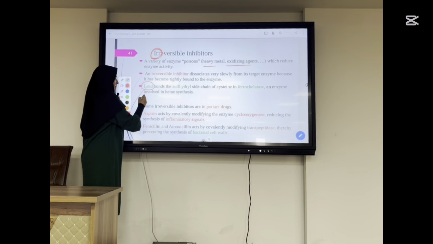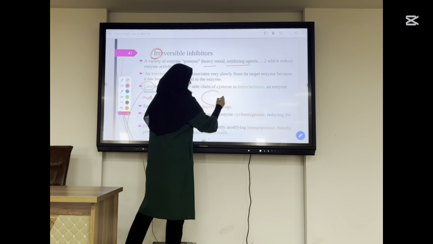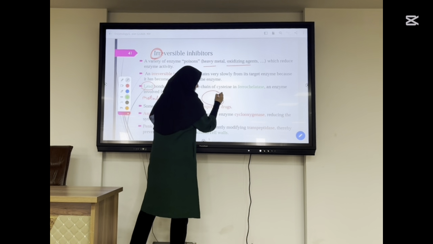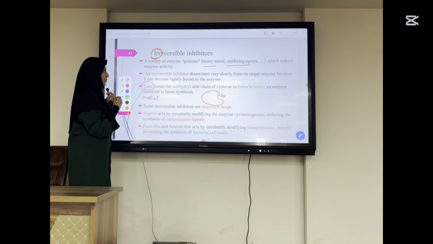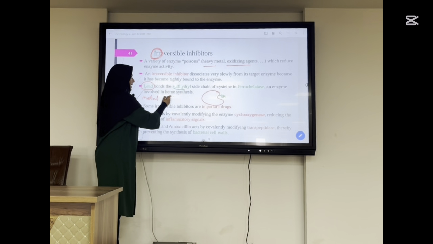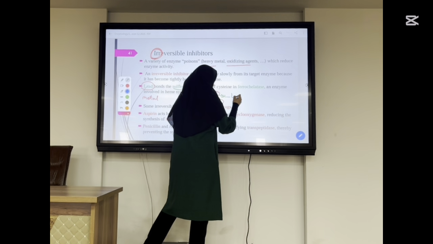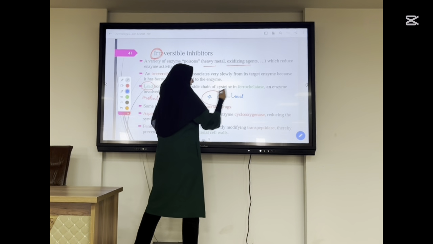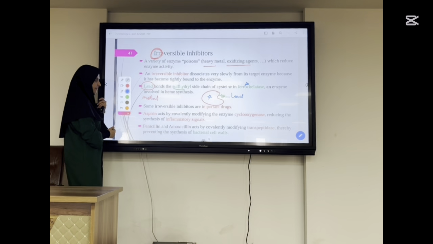Lead as one metal can bind, for example, this is an enzyme. At the active site, we have one SH group or sulfhydryl group, and this lead can bind to this enzyme. What is the name of this enzyme? This is ferrochelatase, and lead can inhibit the enzyme.